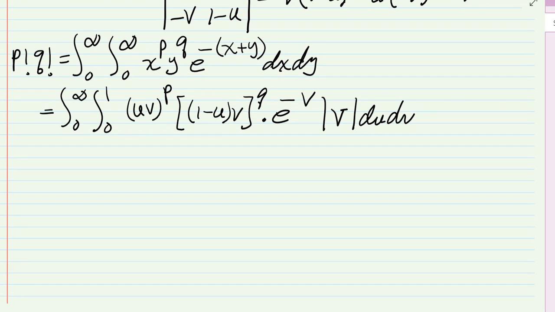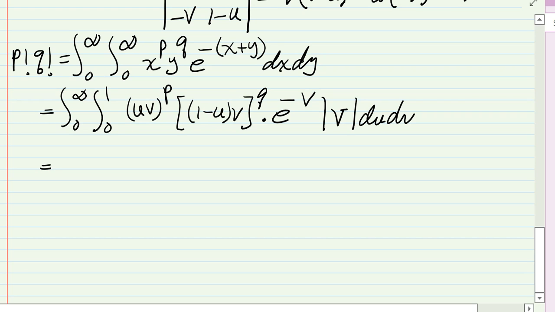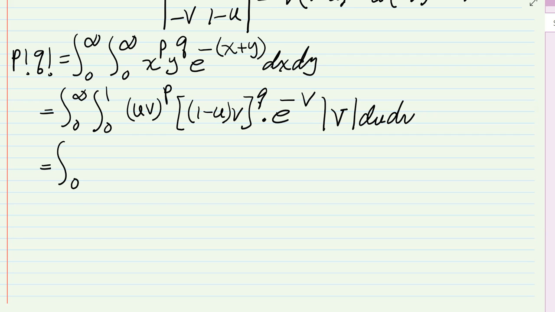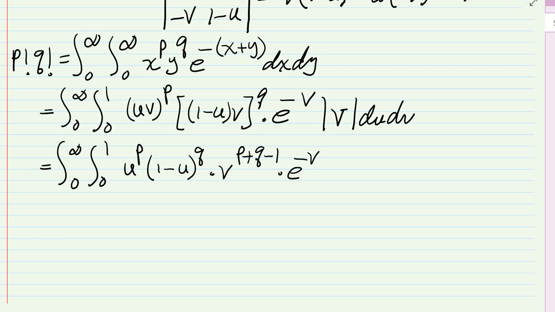Okay, next I'm going to collect the u terms and v terms together. All right, so that's going to make it integral from 0 to infinity, 0 to 1 of u to the power of p, 1 minus u to the power q times v to the power of p plus q minus 1 times e to negative v, and then du dv. And this is going to equal, now I'm going to separate these two integrals.